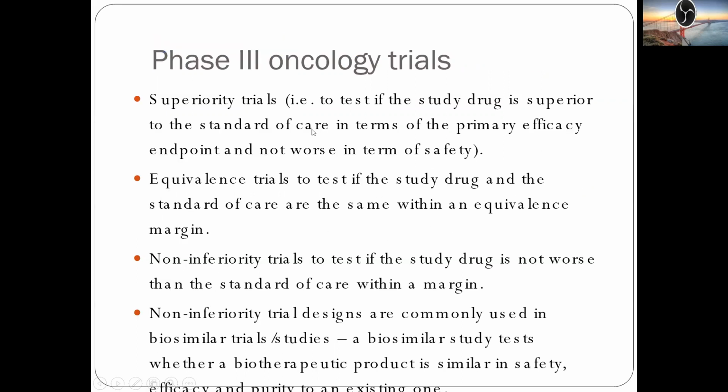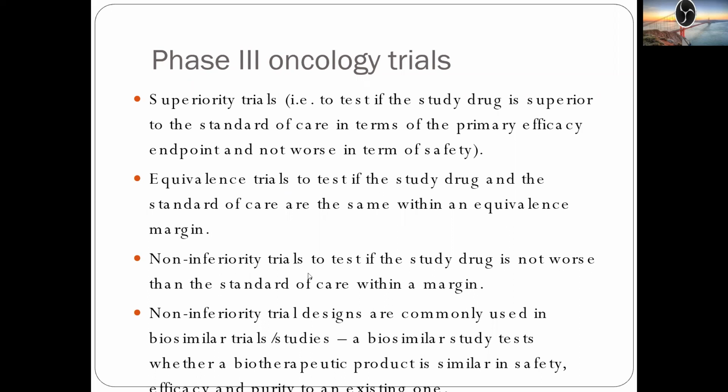These trials can be superiority trials, equivalence trials, or non-inferiority trials. Superiority trials mean we claim that the drug is superior to the existing treatment, and we calculate the sample size accordingly. Equivalence means this drug is equivalent in efficacy to the existing standard of care, within a specific margin, so we call them equivalence trials.